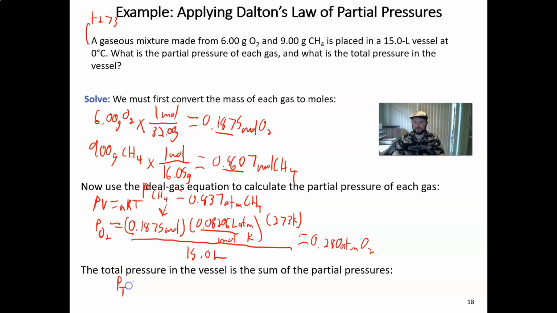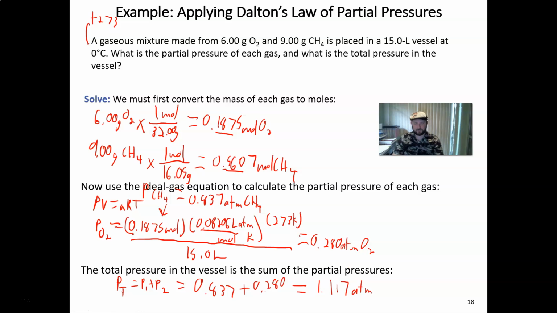Remember, P total is equal to P1 plus P2. So we have 0.837 plus 0.280, which is 1.117. So remember the addition and subtraction rule. We have data all the way down to the thousandth place and data all the way down to the thousandth place, so we can record to the thousandth place.